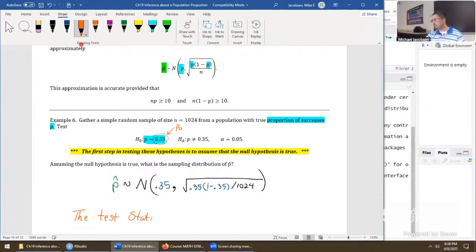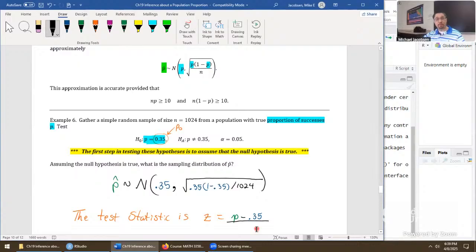statistic is Z as before. We take the statistic that came from the sample data, subtract from that the thing we're comparing it against in the null hypothesis, P hat minus 0.35. We divide it by what we would often call a standard error.